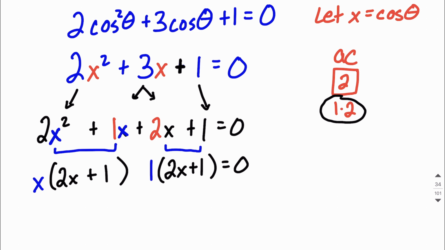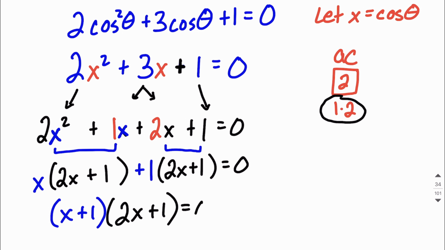Of course, everything has a 1 in common, so let's use a positive 1 as a common factor between those 2. Sure enough, if you think about redistributing that positive 1, we'll get the exact same 2 terms back. So to finish up our factoring, what's out in front, the x plus 1, goes in one set of parentheses, and then the 2x plus 1 that's in the parentheses, a common factor, goes in a second set of parentheses.